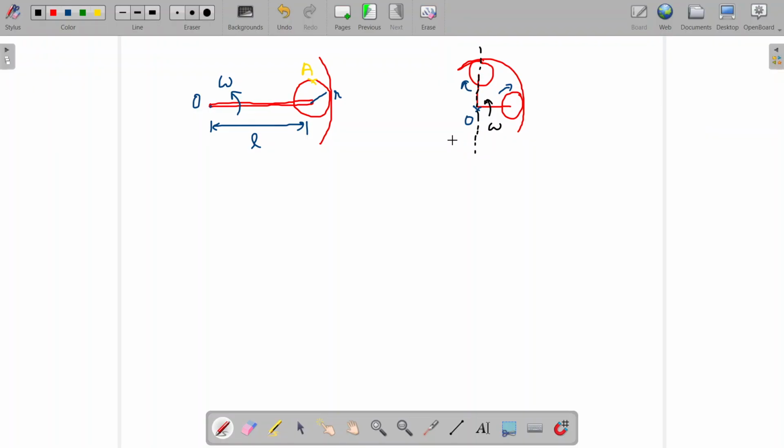That is this vertical line. For that, what would be the value of omega? So to find that value of omega, we would need an equation. So you have to write that equation.